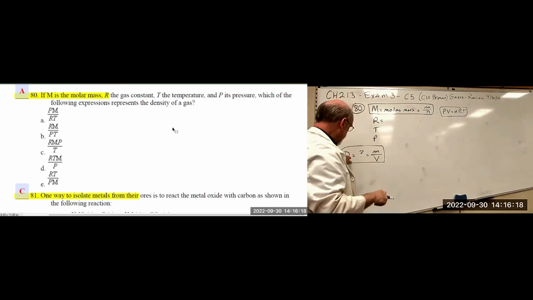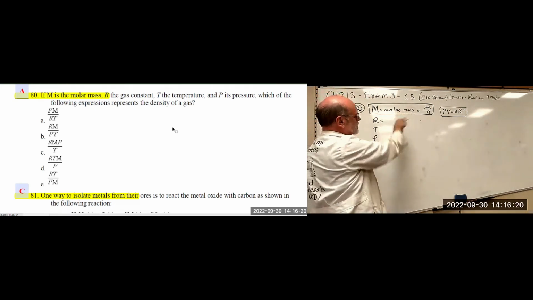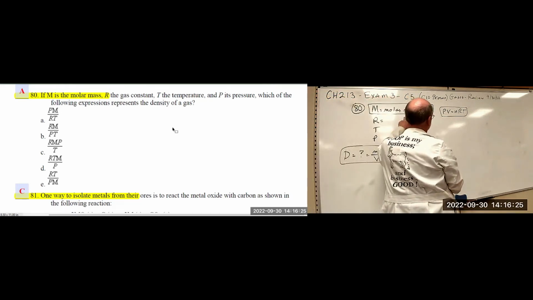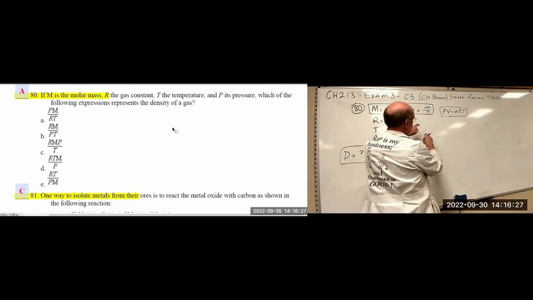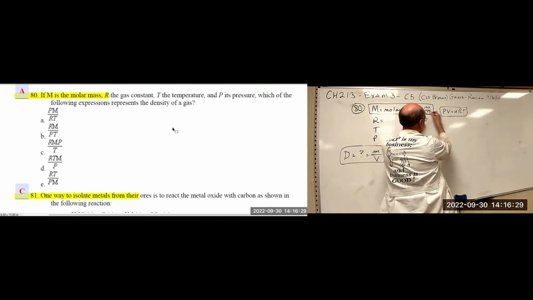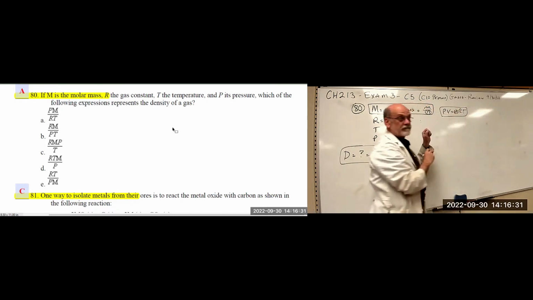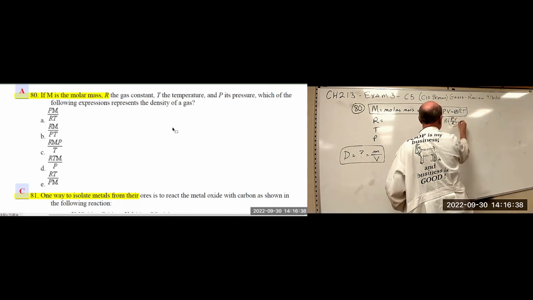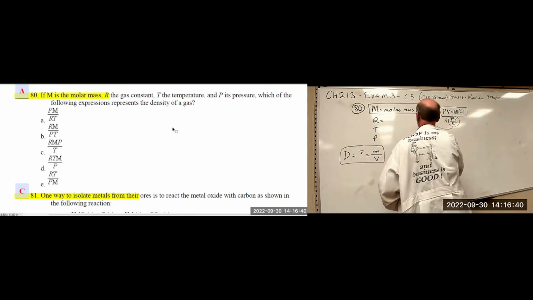So we want to end up here. Let's look at the relationship and see if there's anything we can do. What do they have in common? This one right here. So if we solve this one for moles and substitute it in here, what do we get?